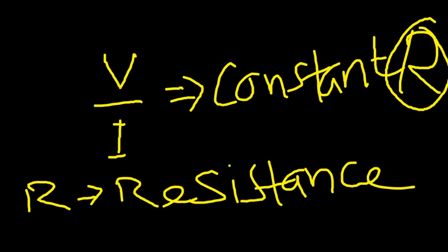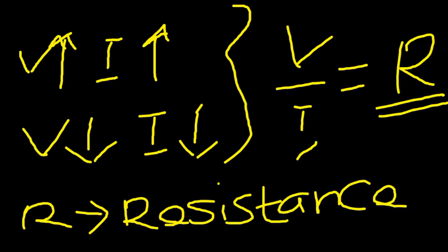So from this activity, whenever we increase the potential difference between the ends of the conductor, the current flowing through it increases, and the ratio between current and voltage is always a constant, known as resistance. Thus we can verify Ohm's law.